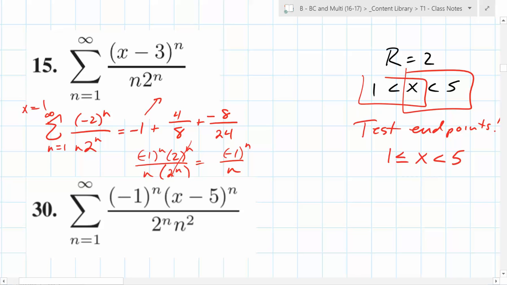You have negative 1, then positive half, then negative a third. What series is that? Alternating harmonic. Does that converge? Yes, it does. But when you plug in 5, does it alternate anymore? No, it just becomes the harmonic. Does the harmonic converge? No, it does not.